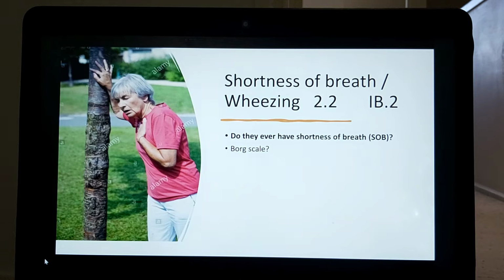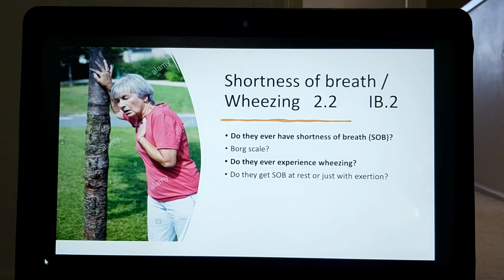So when you get your file, or when you know it's your cardiorespy, you can say, I'm going to get one Borg scale from the storeroom right away. You can do that so that you can use it with the client, and then ask them if they have any wheezing. Wheezing is that musical, high-pitched sound that a person makes when he's breathless.